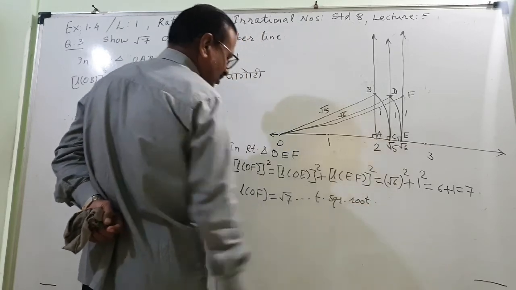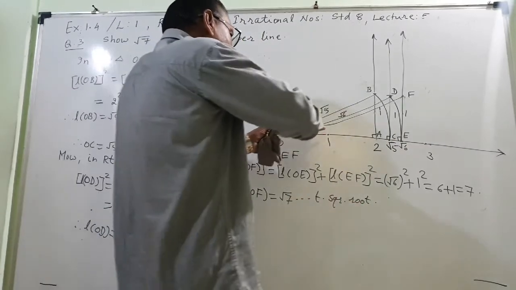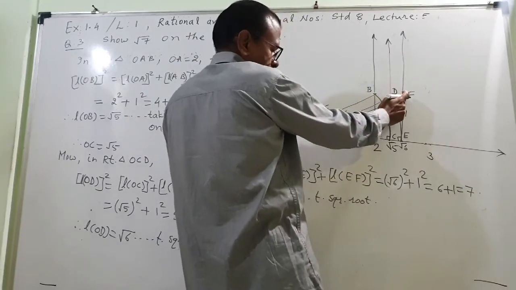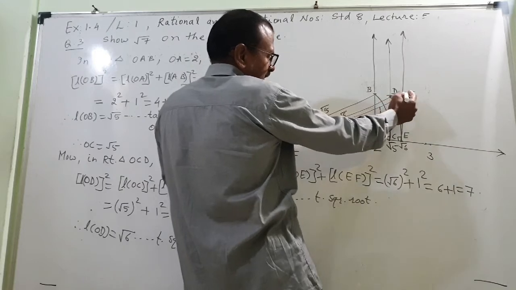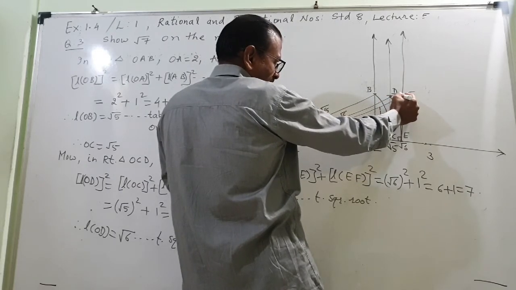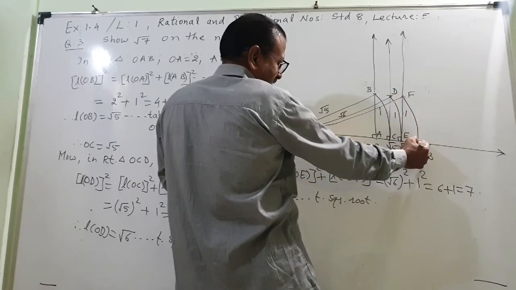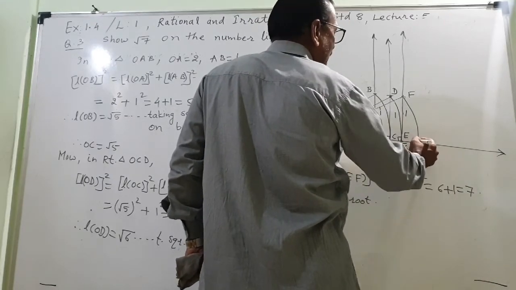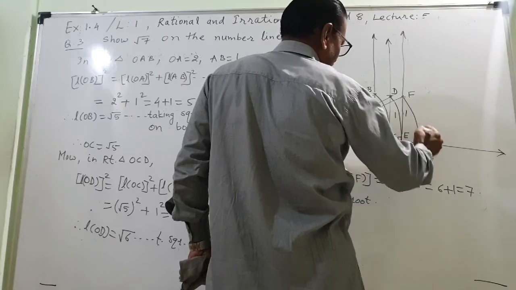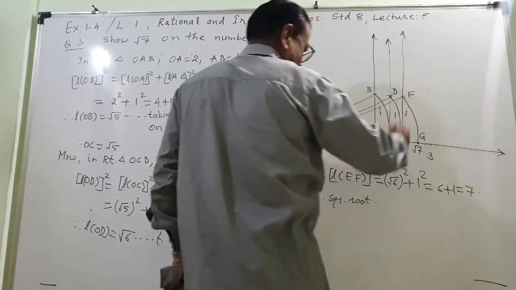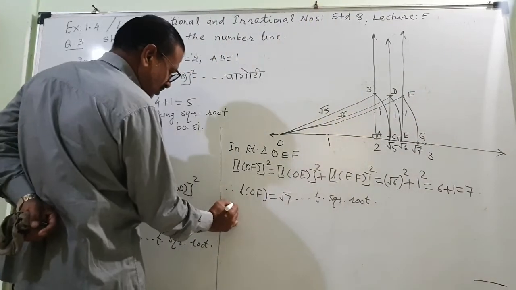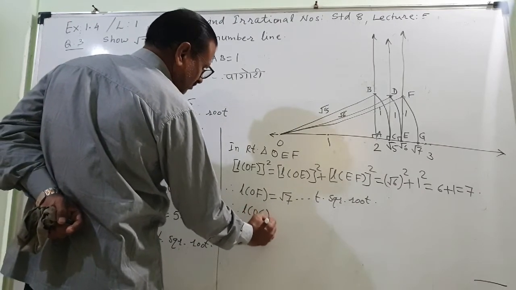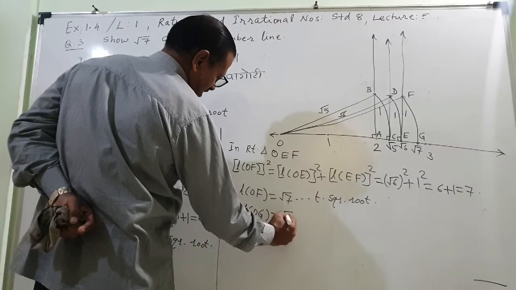Now once again, draw the arc from O to F. Take this radius in the compass and draw the arc like this. This will be root 7. And here, the point G. Therefore OG is equal to root 7.